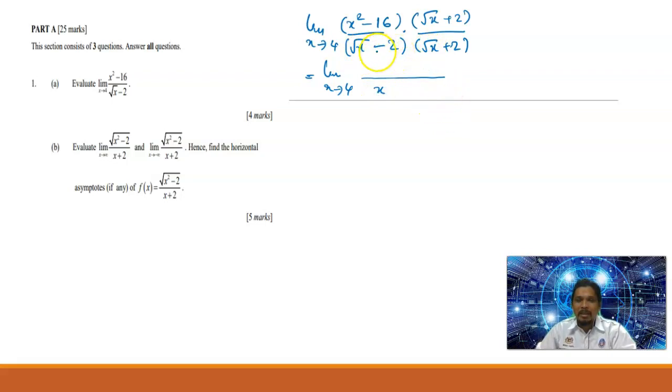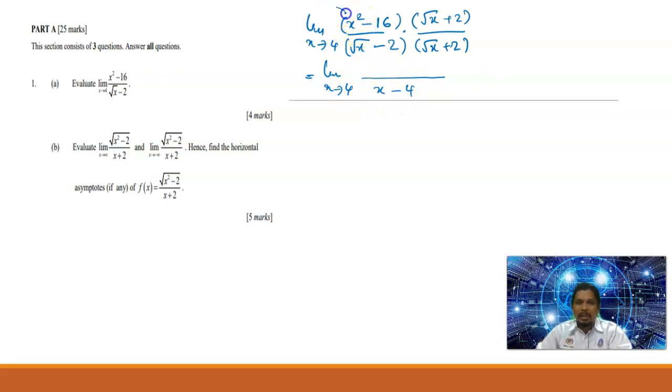Because square root of x plus 2 is a conjugate for square root of x minus 2, the square root of x multiplied with positive 2 and negative 2 times square root of x clearly gives 0 here. Then negative 2 times positive 2 gives you negative 4. So the denominator right now is x minus 4.